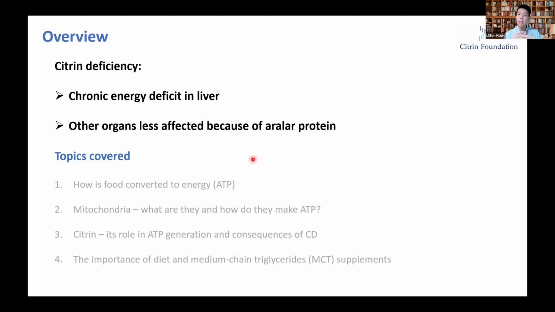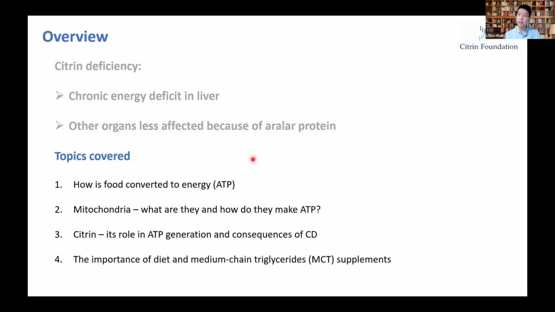So for example, in citrin deficiency, you may not have citrin in other key organs outside of the liver, the brain and the muscle, but RLR is there to supplement the function of citrin when it's missing. Now, unfortunately, in citrin deficiency, RLR isn't found in the liver. And so that's why in citrin deficiency, you end up with a condition that is primarily affecting the liver.